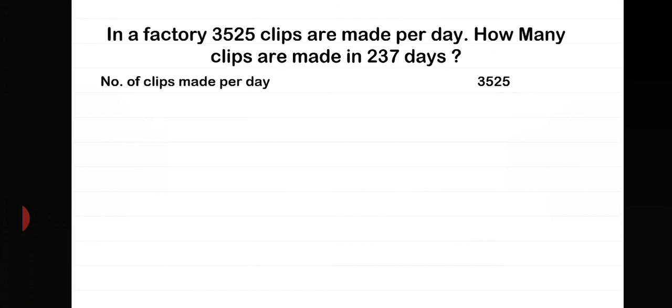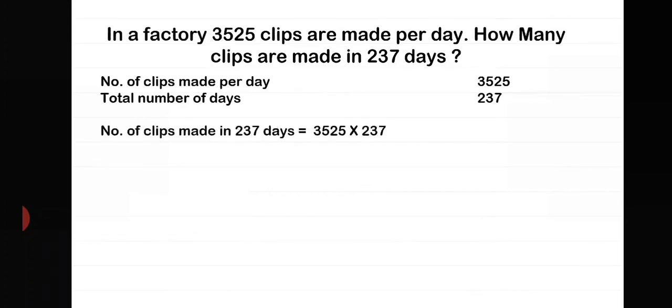Then what data has been given to me? The number of days. So that is total number of days, that is 237. So after I write this, what am I supposed to do to find the number of clips made in 237 days? Right? So I'm going to write that number of clips made in 237 days is equal to 3,525 multiplied by 237.